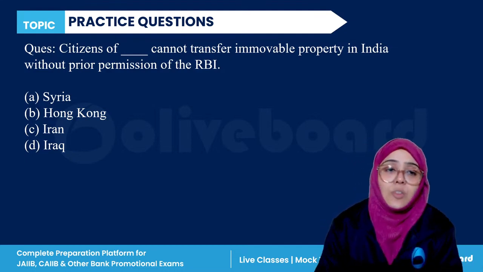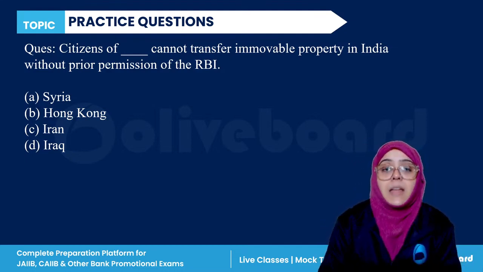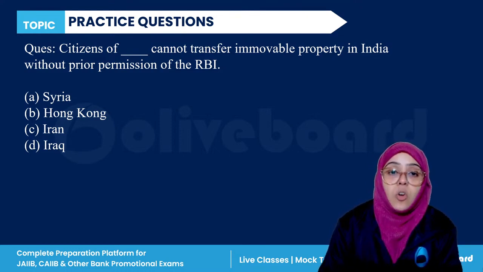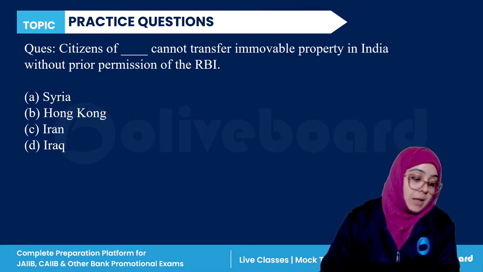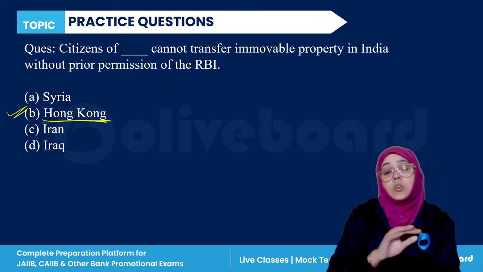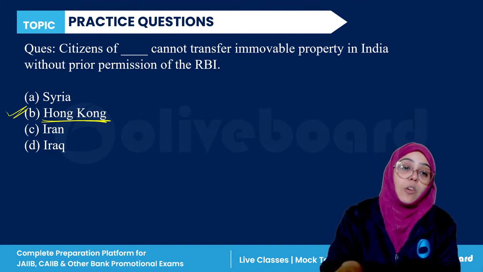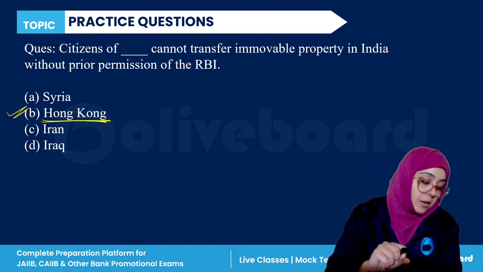Everyone, please answer this question. It is actually Hong Kong. Citizens of Hong Kong cannot transfer immovable property in India without the permission of the Reserve Bank of India. So B is the correct answer here.